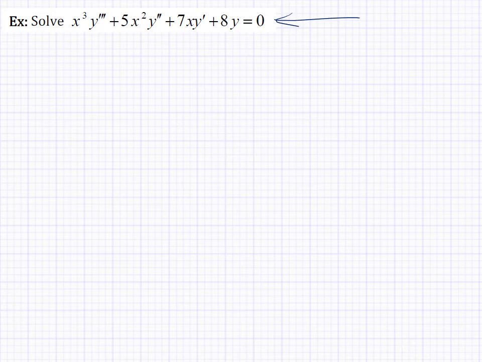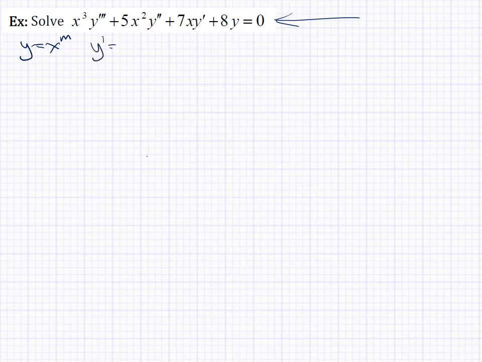Well, we do it the way we came up with the second order Cauchy Euler equation auxiliary before. We said that y equals x to the m should satisfy this equation. We're trying to figure out what m's will actually do that. So in order to do this, we have to plug this in and see what happens.